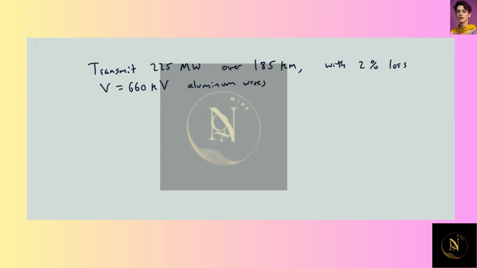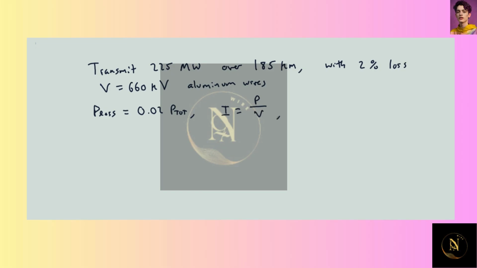So the first thing that we should figure out is how much power is going to be lost. We want the power lost to be equal to 0.02, or 2%, of the total power. And we know that the current is going to go like the power output over the voltage.